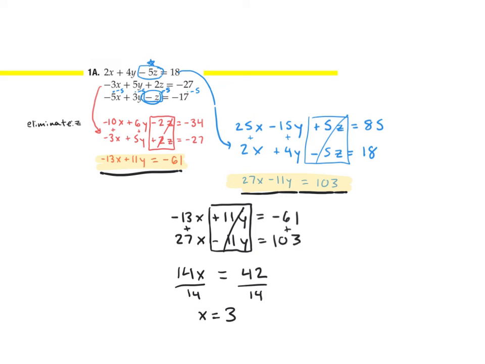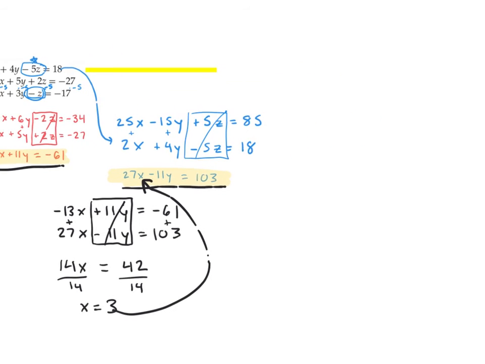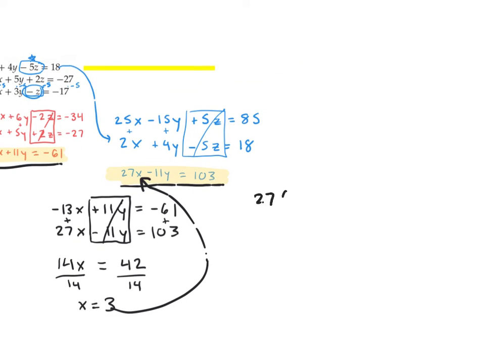We're going to plug it into x. So we have 27 times 3 minus 11y is equal to 103. What do we do first? We multiply, so 27 times 3 is 81. Minus 11y is equal to 103. What do we do next?